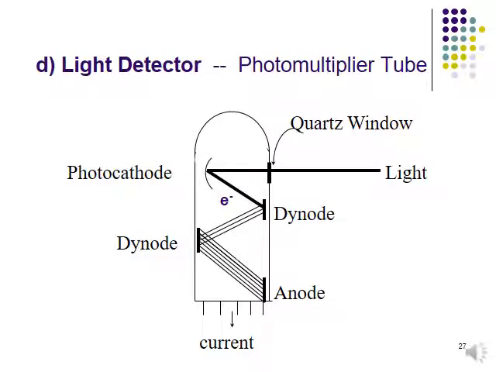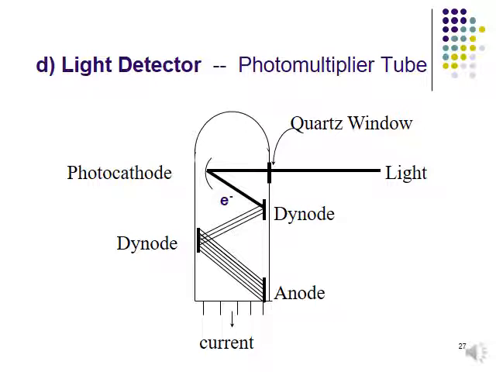Okay, so now the light detector. Basically we use photomultiplier tubes, from the source of the light. Here you can see the dynode, and here is the anode.